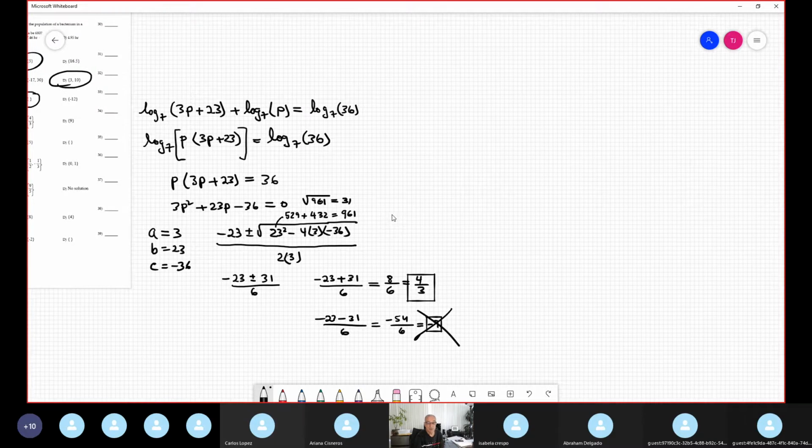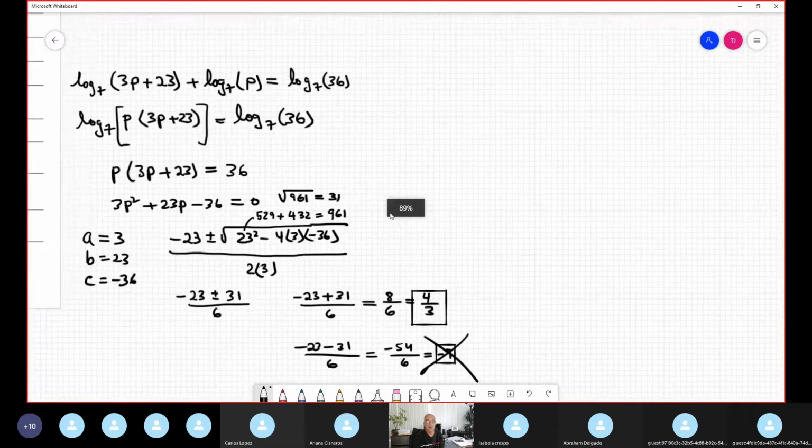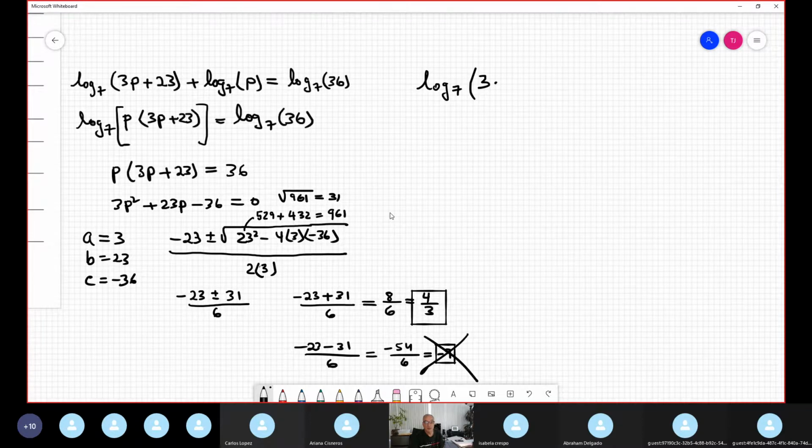And the original, guys, you put logarithm of base 7 of 3 times P, with P equal to 4/3, plus 23, plus logarithm of base 7 of P, which is 4/3, should be equal to logarithm of base 7 of 36. It's obvious that this 3 is cancelled.